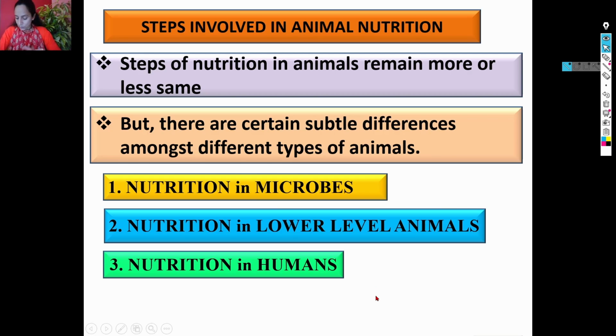Here I would like to apprise viewers about one more thing: in the NCERT book the chapter starts from human digestion, and it starts with the human digestive system. But in a few other books prescribed by certain other schools, whether CBSE or ICSE, this introductory part is there.